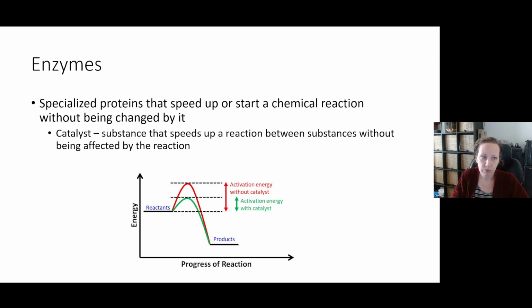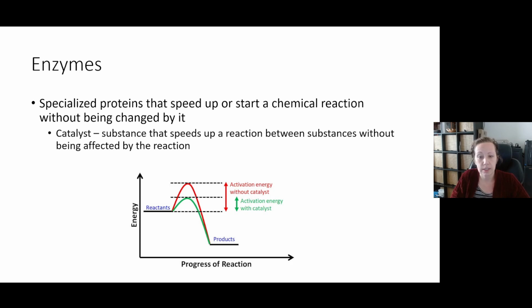So almost all chemical reactions in the body use enzymes, and thousands of enzymes can be found in a single cell because we need enzymes for almost everything that our body is doing. Enzymes are reaction specific.